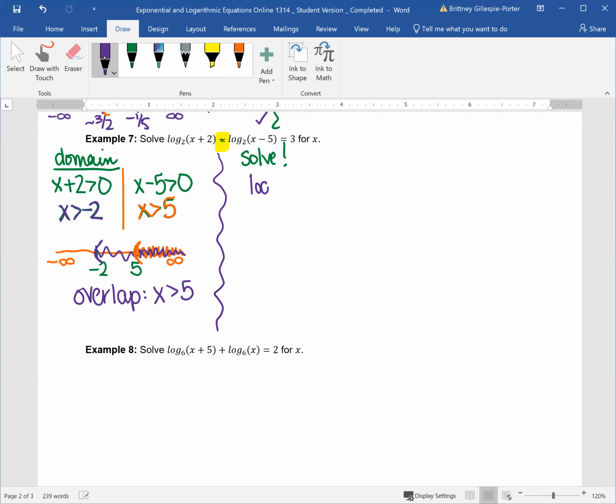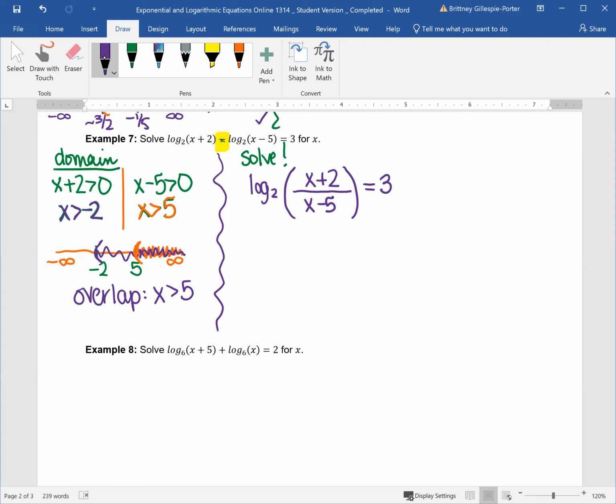So we are going to combine these into one log using division. Remember, if it has a positive coefficient in front of the log, it goes up top. And if it has a negative coefficient in front of the log, it goes in the denominator. And that's equal to 3.